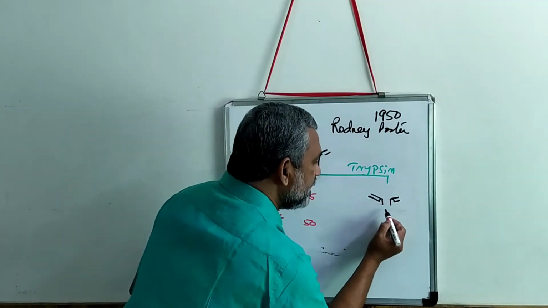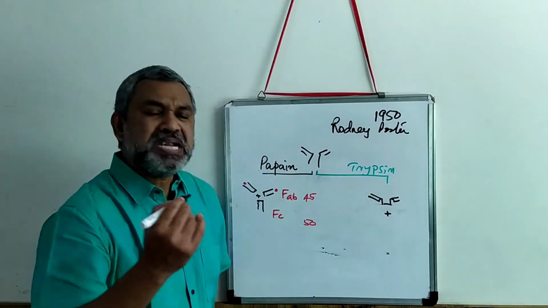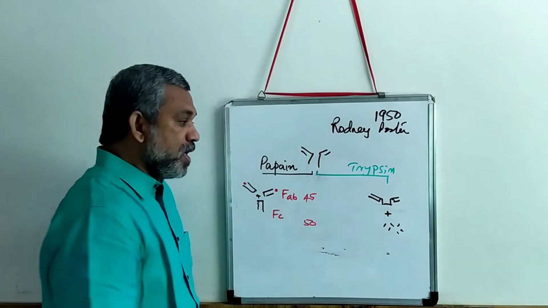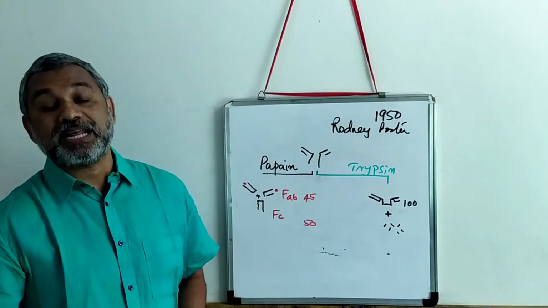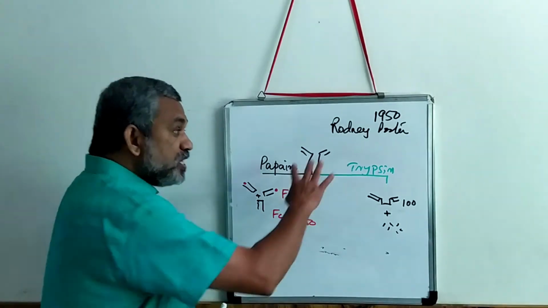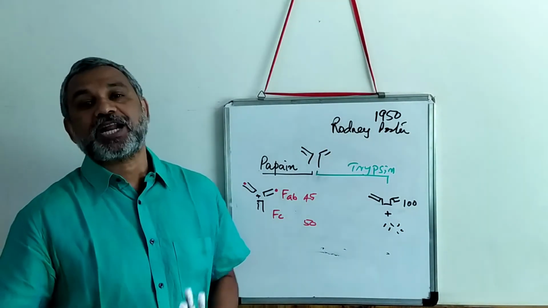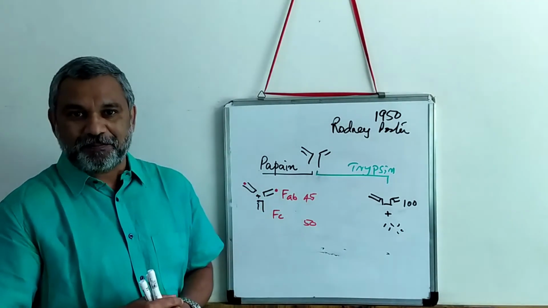There are disulfide linkages, here also there are disulfide linkages, plus multiple small fragments. This fragment had a molecular weight of about 100 kilodalton. So this was in a way trying to elucidate the structure of an antibody by using two enzymes.